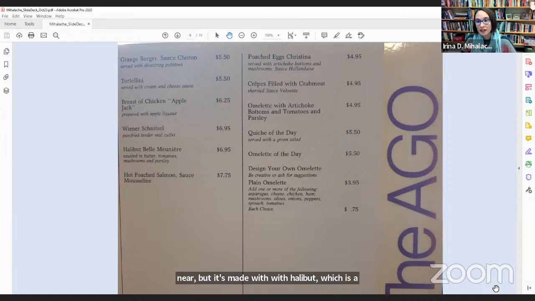And so you see this very interesting intersection between what we might consider to be a Canadian menu, but at the same time surrounded by a nod to the French haute cuisine. So I think it's very interesting to read those tensions and those intersections on the menu.